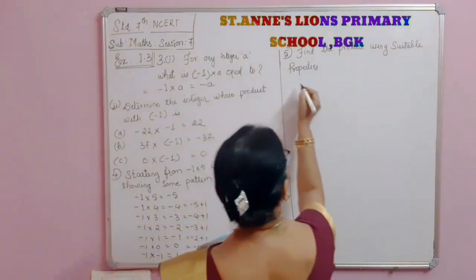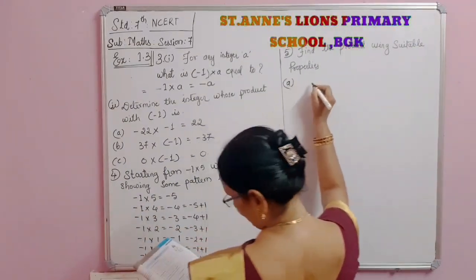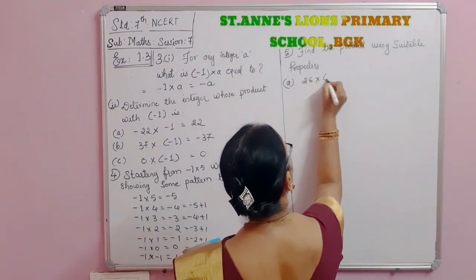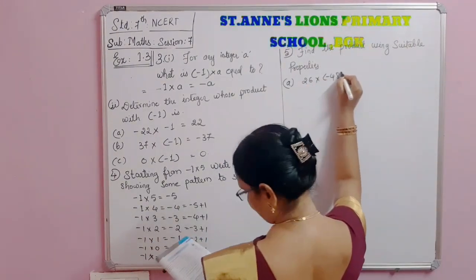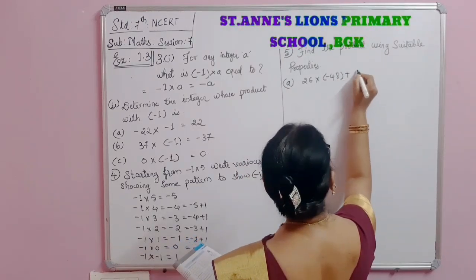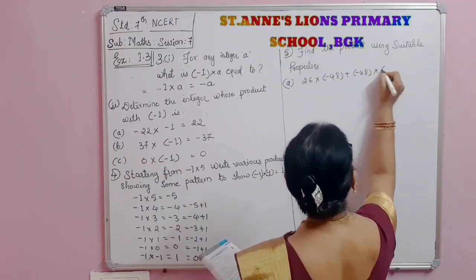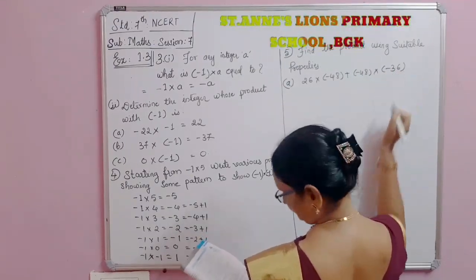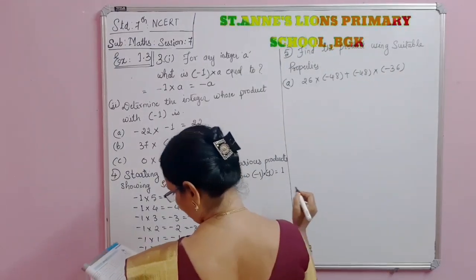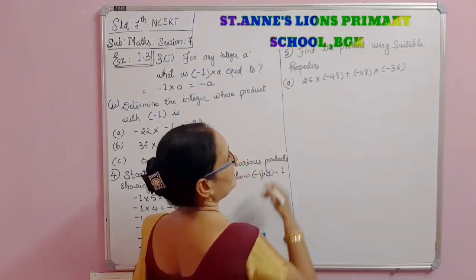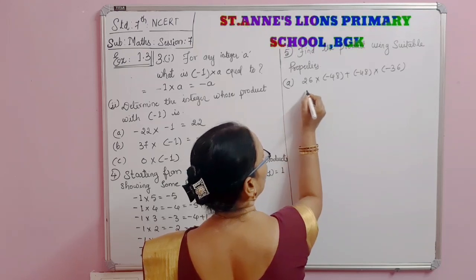So the first one, that is A. A is 26 into minus 48 plus of minus 48 into minus 36. Here this is following distributive property of multiplication. See now how can we write here?